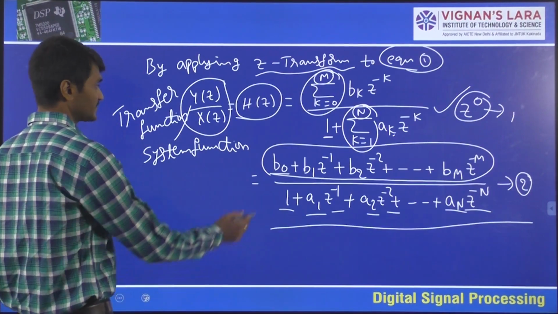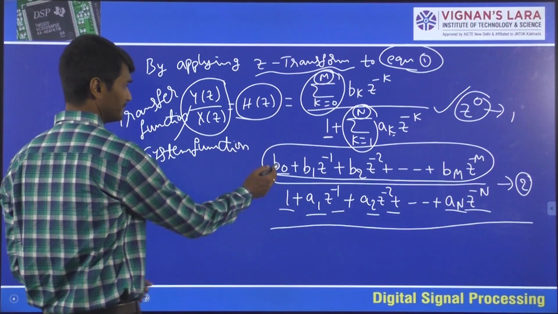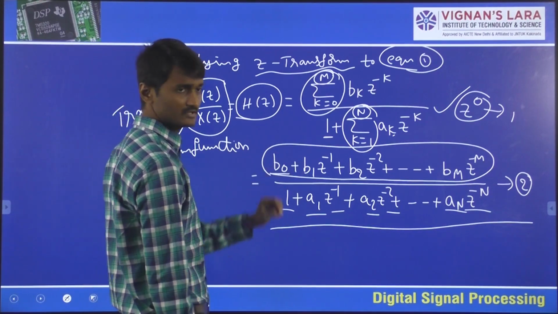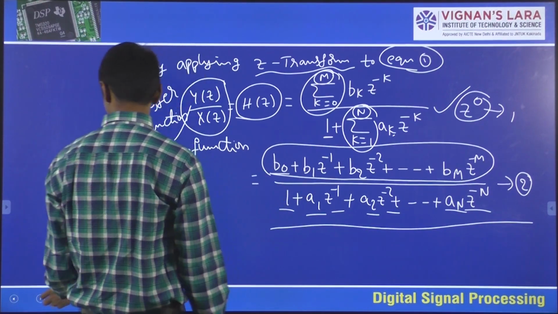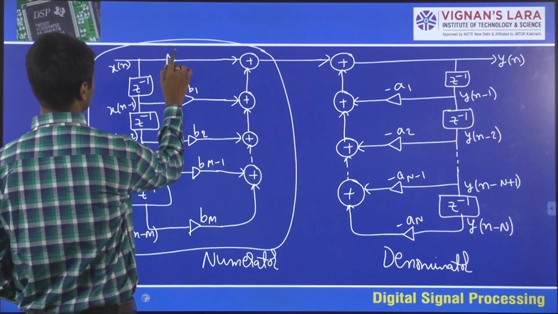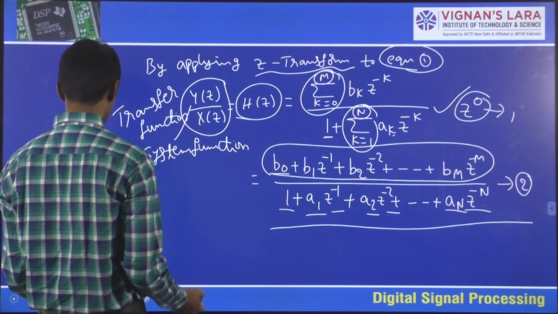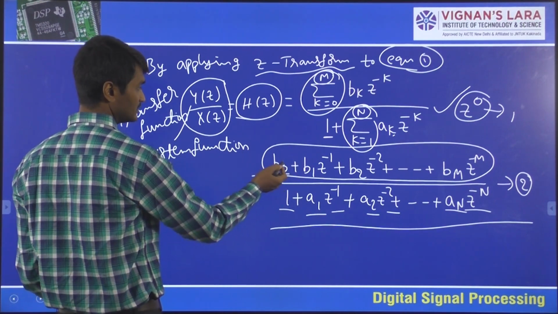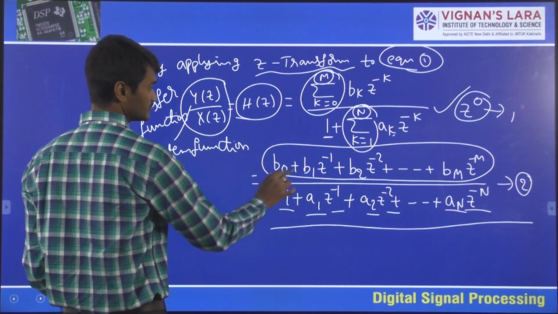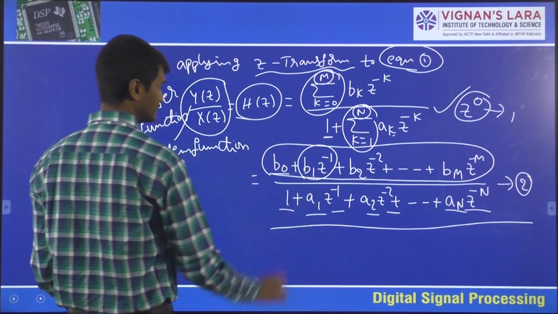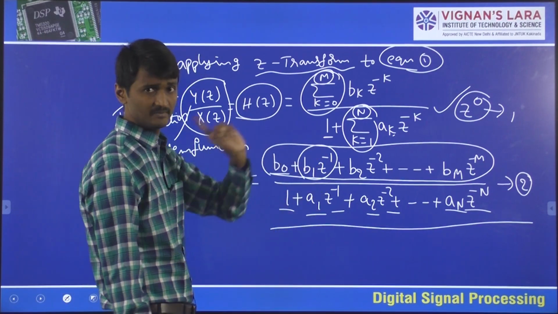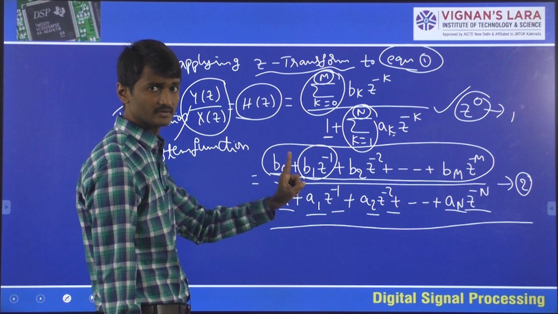So we will see the numerator part first, b naught plus b1 z inverse plus b2 z power minus 2. So here the first multiplier is b naught. Is b naught multiplied with any value? No, so just b naught. Next b1 z inverse. So we need one delay element. So one delay element, right?